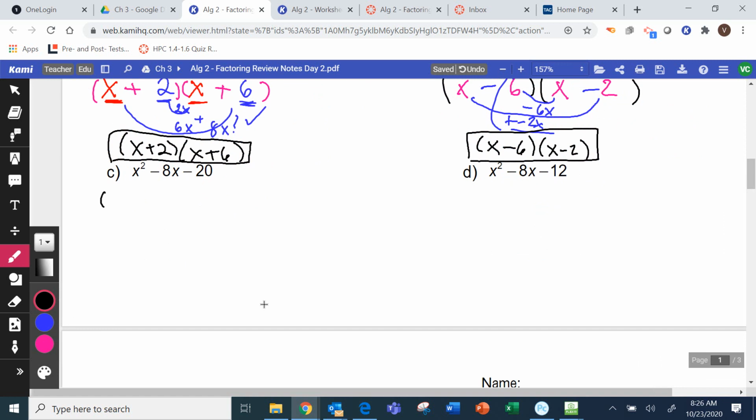Okay, the next one, I'm going to make 2 parentheses, and I'm going to look at the signs. And in this next one, the C sign, the C is negative. That means we have different signs.